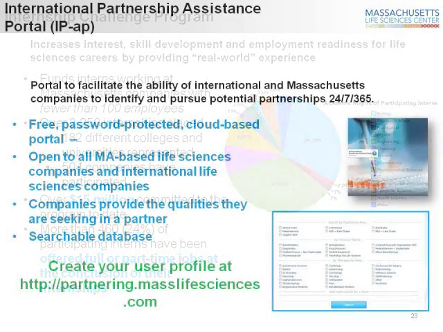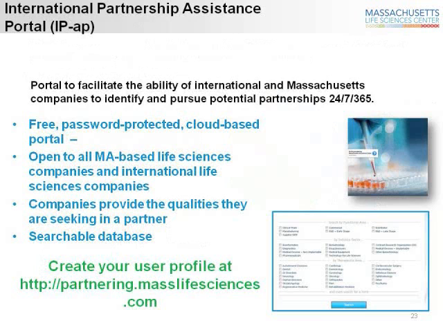We also have 2 tools that you can utilize. One is the International Partnership Assistance Portal, or we call it IPAP. This is a portal that you can enter a profile in order to seek partners, and likewise international companies can find you if they are seeking partners with capabilities that you might be able to provide.